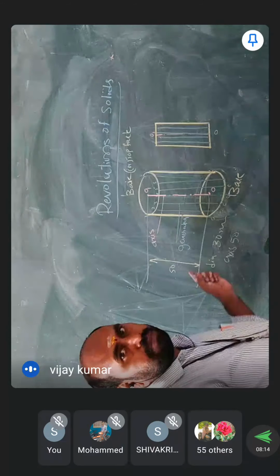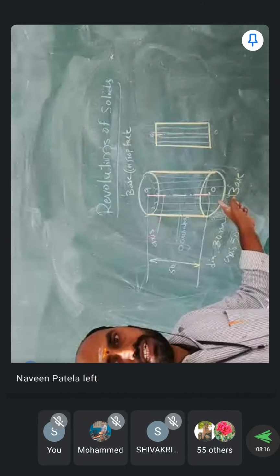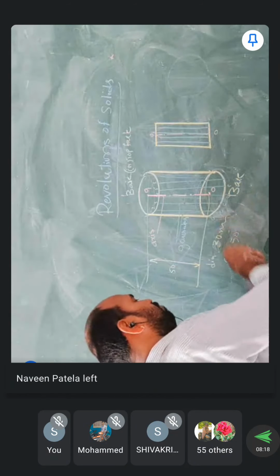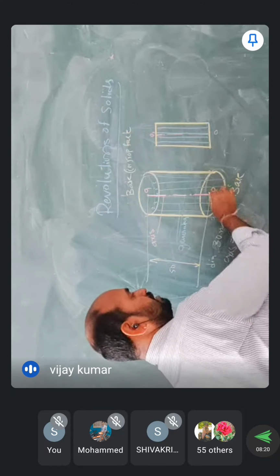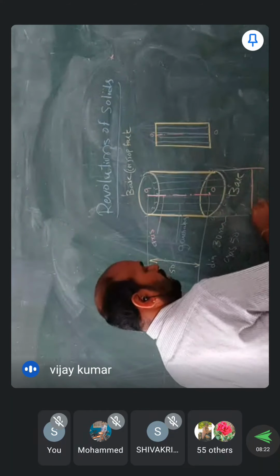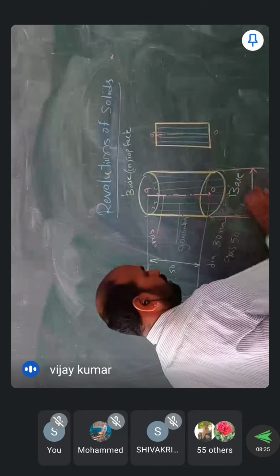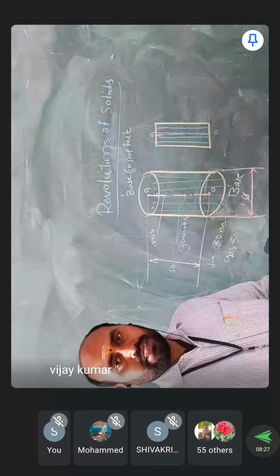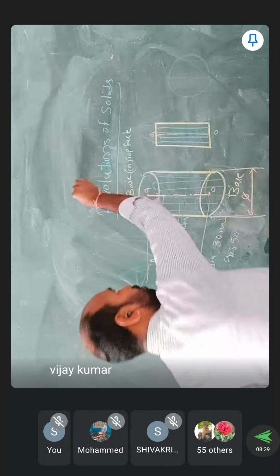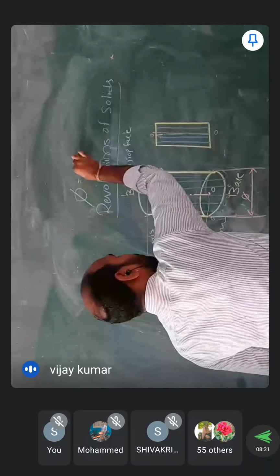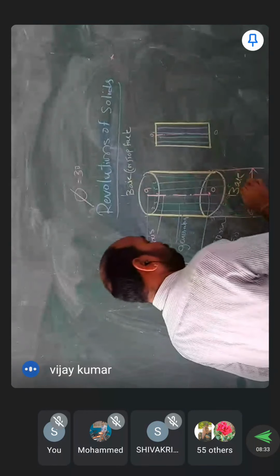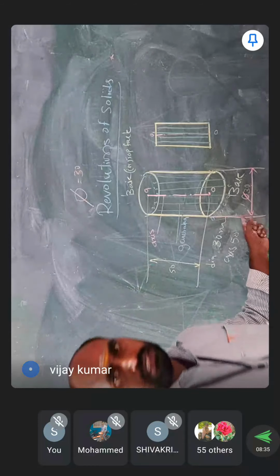Axis 50 mm means the height of the cylinder is given as 50 mm, and the base dia is always represented with the diameter symbol. If I take the symbol, it is nothing but the dia that equals 30. Dia 30 means the cylinder dia is 30.